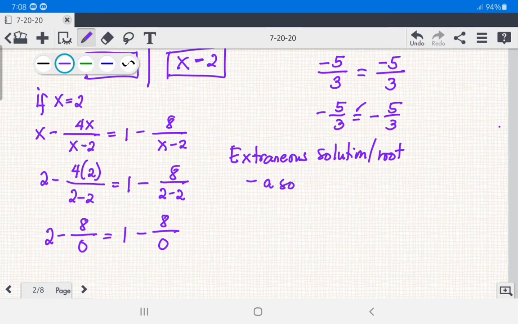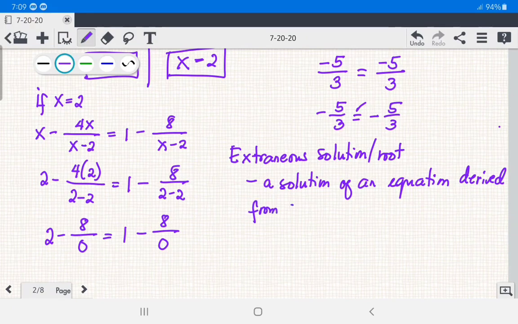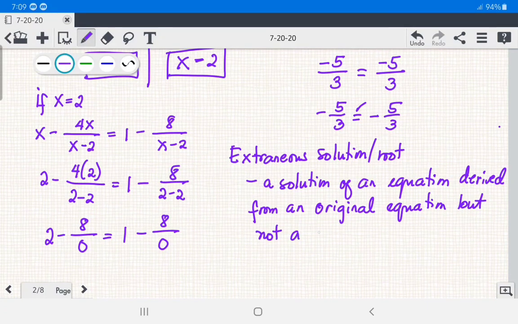This is a solution of an equation derived from an original equation but not a solution. Okay? But not a solution of the equation, of the original equation.